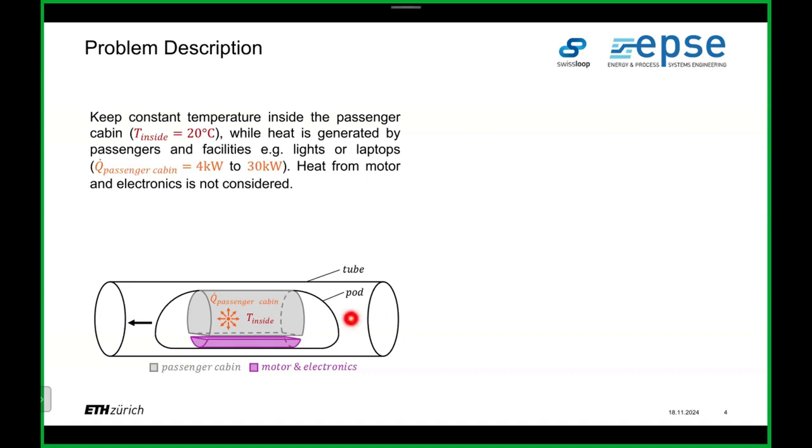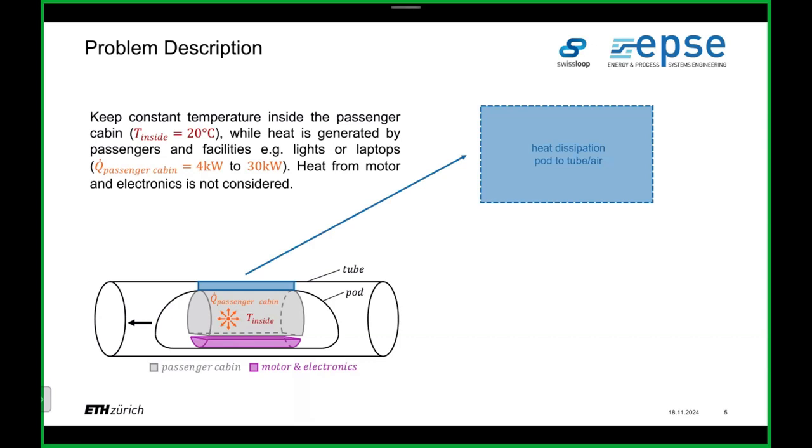The motor and the electronics are generating a bigger part of the heat, but also at a higher temperature because they can reach higher temperatures without damage than the passenger cabin where the passengers are located.